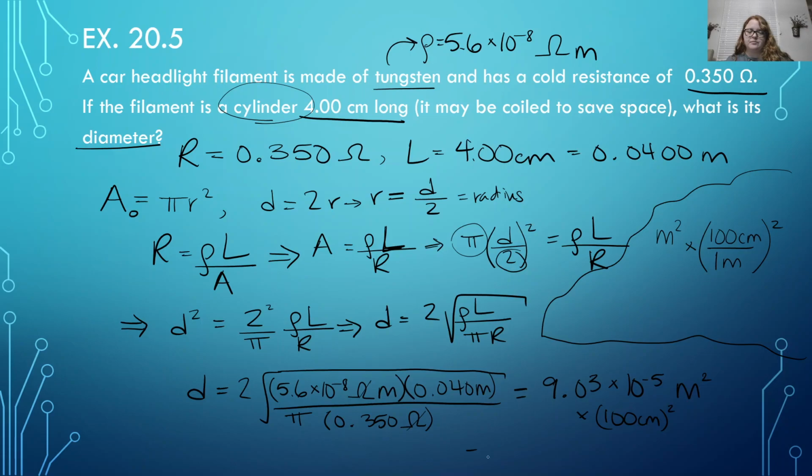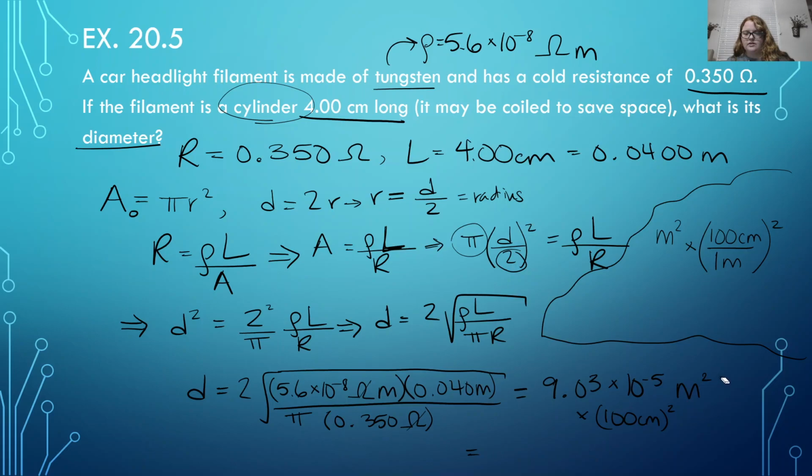Okay, I'm going to multiply it. And I get a value of 0.903. This is in centimeters squared now. Wait, I'm sorry, that's not right. Hold on, back it up.